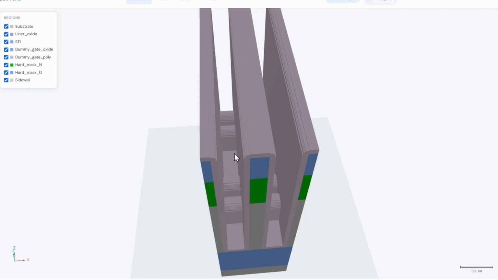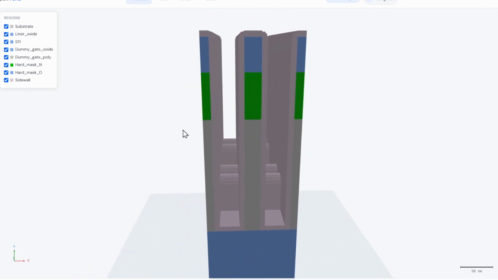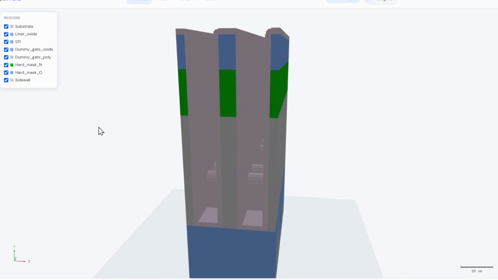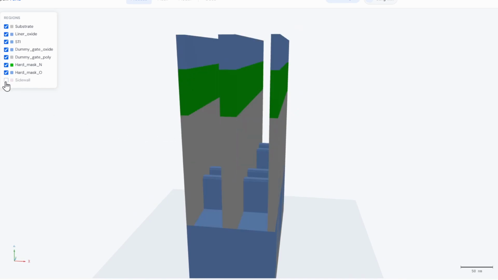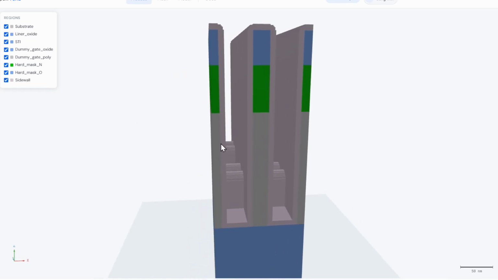So in order to separate them, we have to introduce a certain dielectric material. It is once again called a sidewall, and usually we use a little bit different dielectric material, silicon oxycarbon nitride. So previously it was the situation after dummy gate patterning, and now we introduce this sidewall.